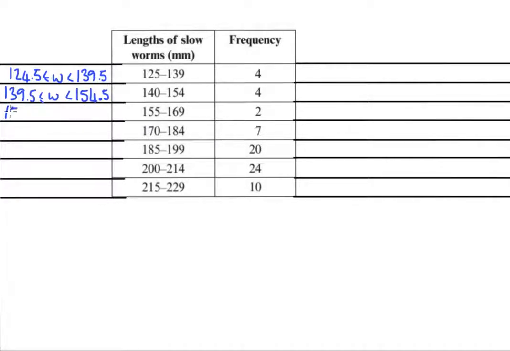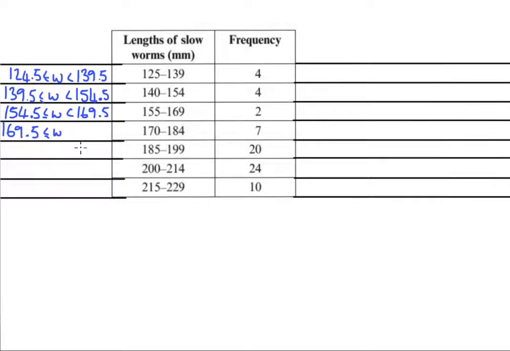So I'll just finish off putting the new boundaries in. And if they gave you data like this on a test and the data was continuous, we don't have to do this for discrete, but if the data is continuous, then this is the first thing we have to do.